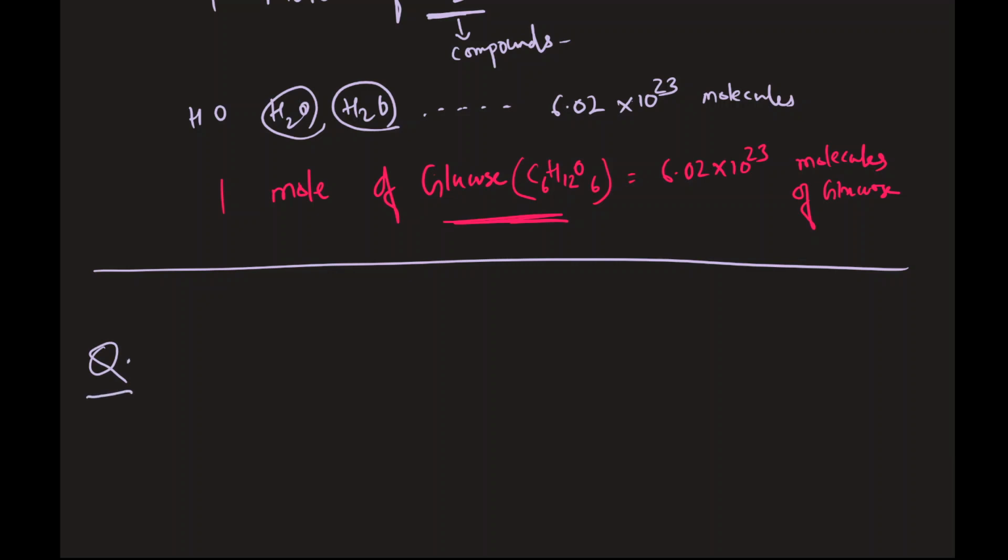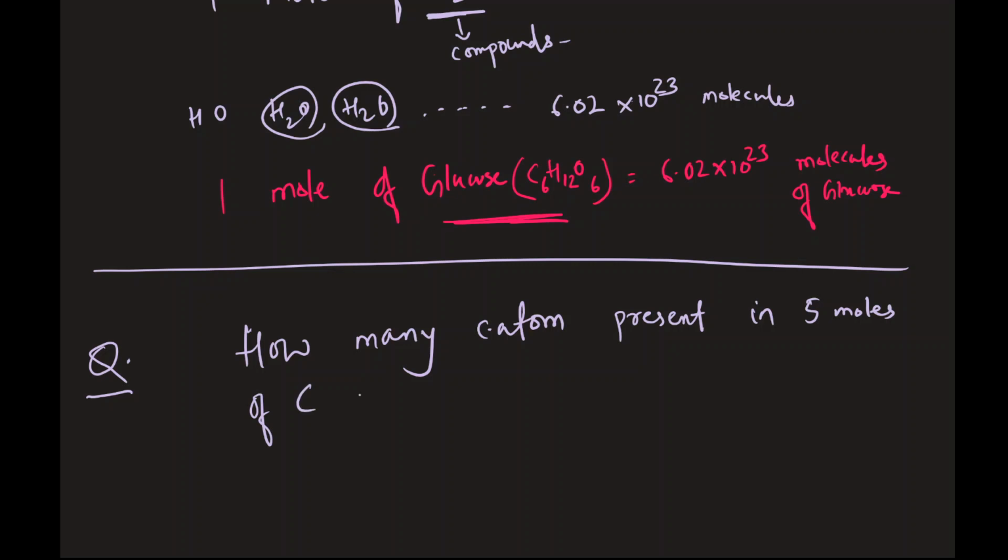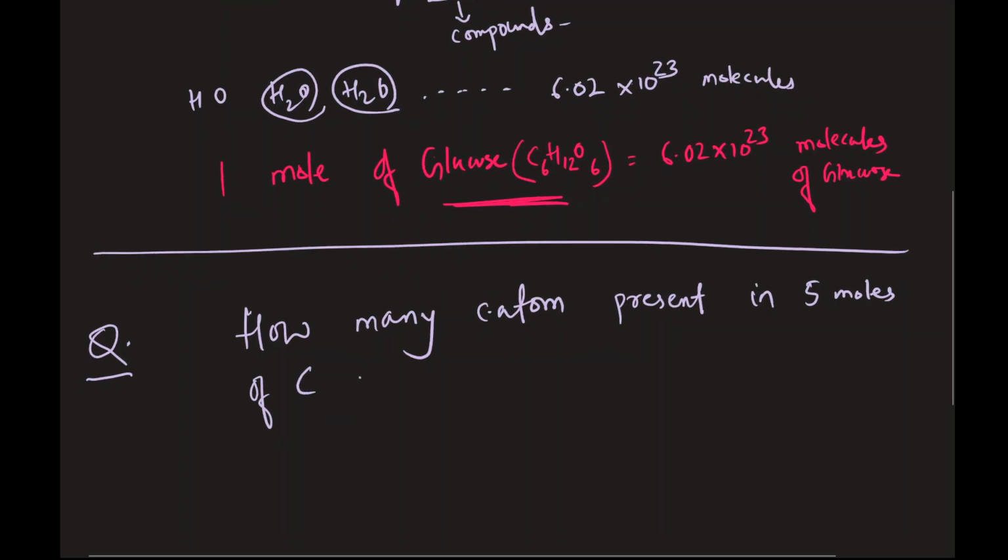Question. How many carbon atoms are present in 5 moles of carbon? When it says how many exactly, then you have to calculate how many exactly. In this case, for each 1 mole, this is our equality term, 6.02 times 10 to the power 23.